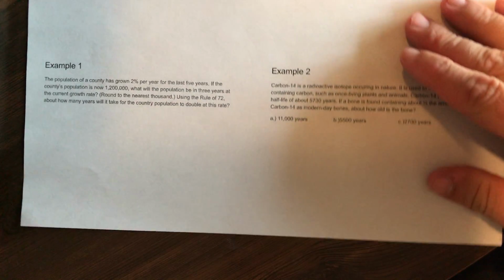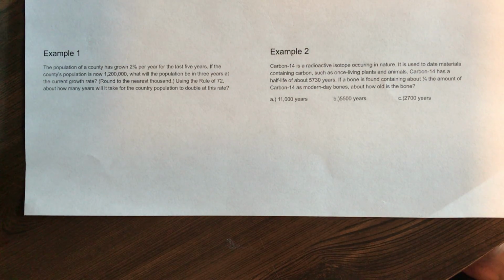Example 1: The population of a county has grown 2% per year for the last 5 years. If the population is now 1,200,000, what will the population be in 3 years at the current growth rate? Using the rule of 72, about how many years will it take for the country to double its population at this rate?